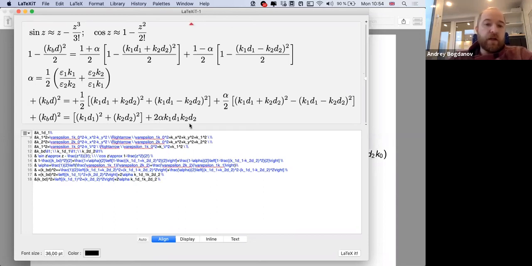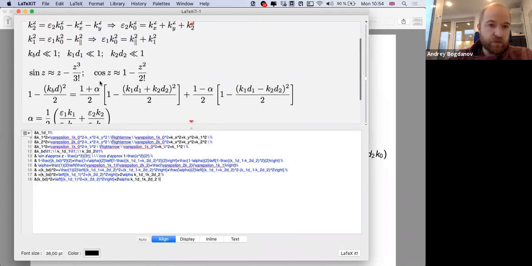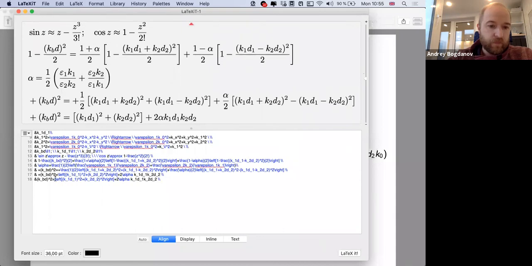Let me calculate 2 alpha k1 d1, but maybe I need. So here it's much less than 1 square, minus this 1 here, and this is so okay. Maybe I need this k1 square. I need just to substitute this one. Let me do this.